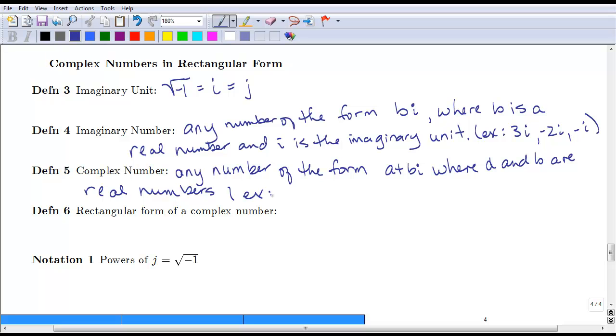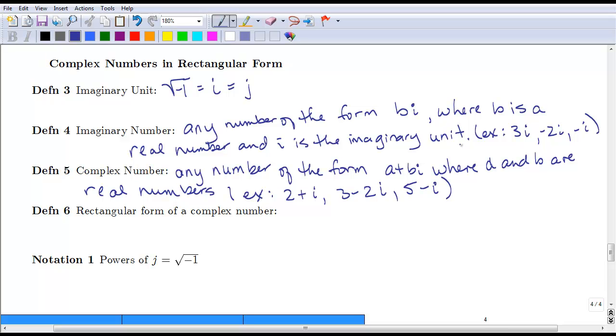So some examples of this might be 2 plus i, 3 minus 2i, 5 minus i. Those are all examples of complex numbers where we've got a real part and an imaginary part.